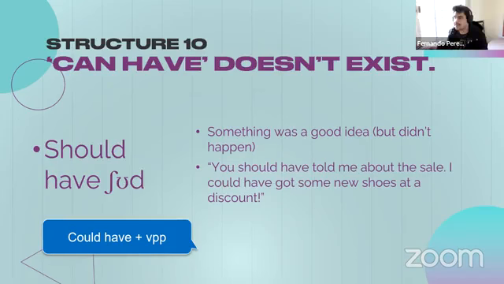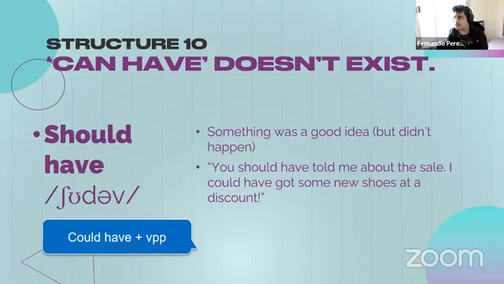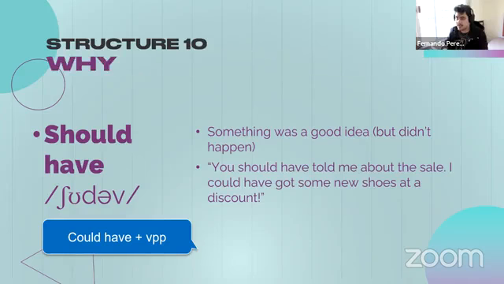So when you say should have, we are talking about something that was a good idea. There is something that you didn't do, but it was a good idea to do. The context that you can think is, why didn't you?